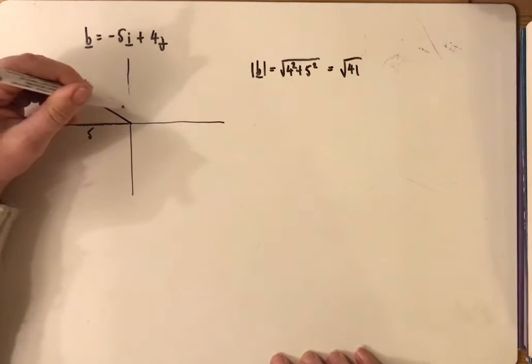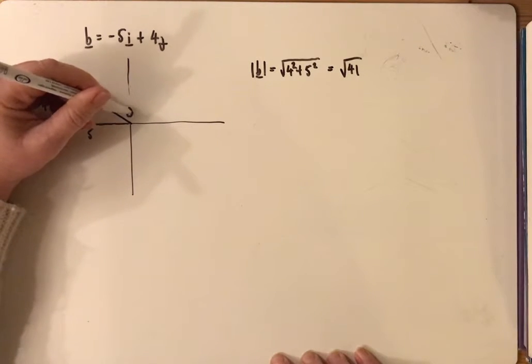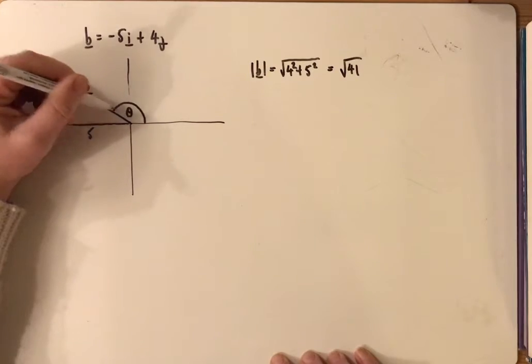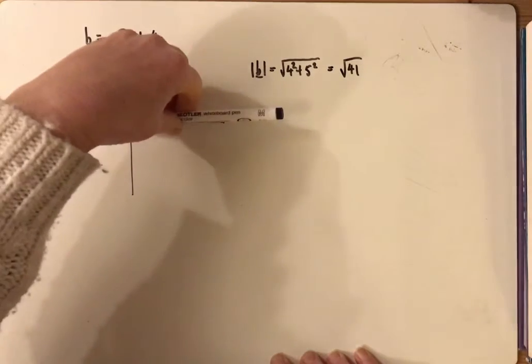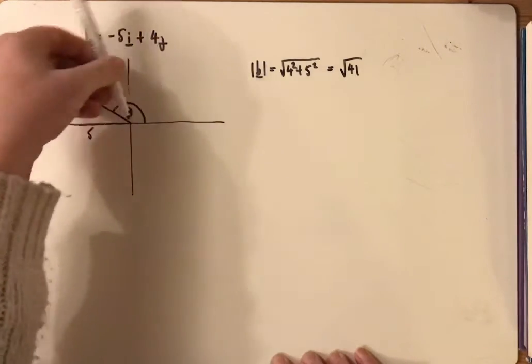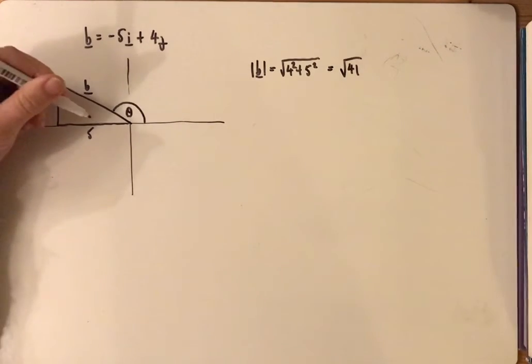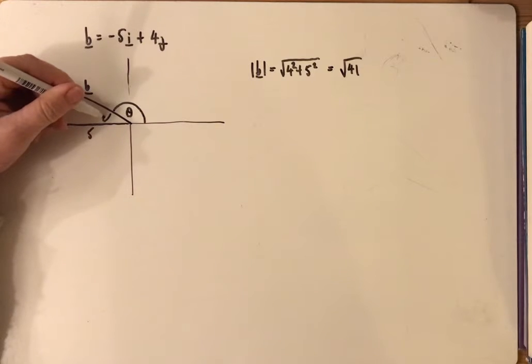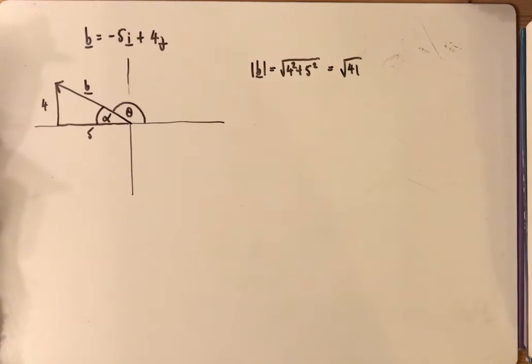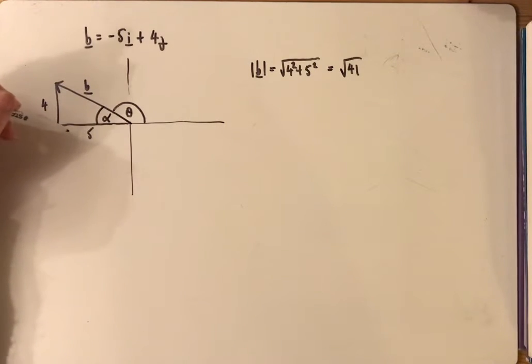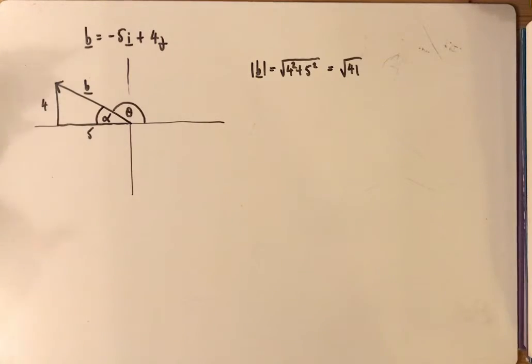And the angle we need is this angle here. So we need the angle going from the positive x-axis in an anti-clockwise direction. But to get to this angle here, we need to think about this one here, which I'm going to call alpha. And then we can use trig to find alpha.